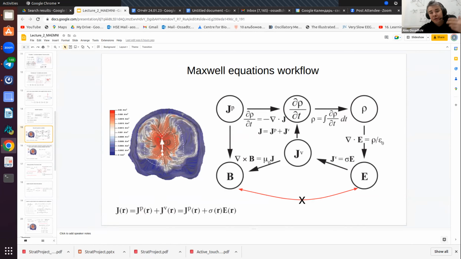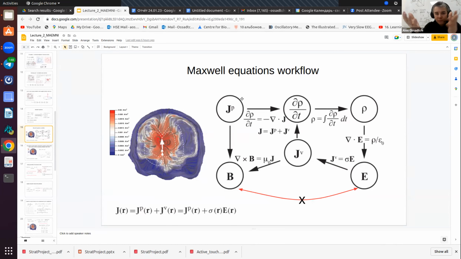The volumetric currents create the potential difference, because these currents also displace charges, and then an additional electric field is created. This electric field creates the difference of potentials on the scalp that we measure with EEG. Okay, so our goal, by observing this B, is to find where the J^p is located.